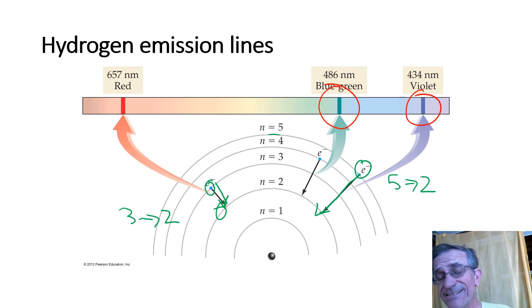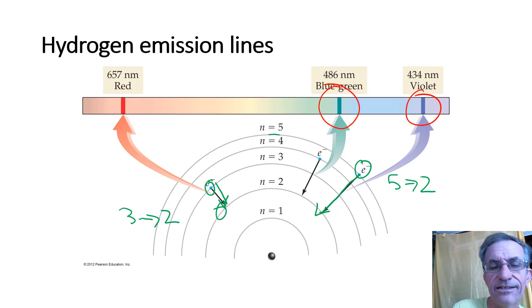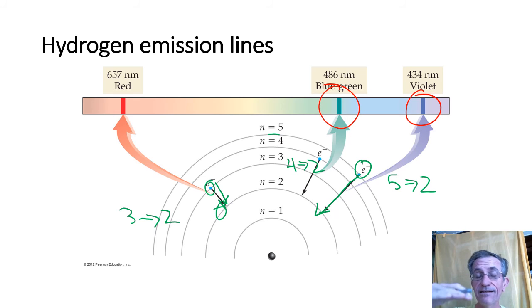But if you have a lot of energy to lose, shell 5 to shell 2, you give off high energy light, like violet light. And the bluish green, that's sort of in the middle. That's an electron going from shell 4 to 2. So moving between different shells corresponds to different colors. So there's 3 of them.